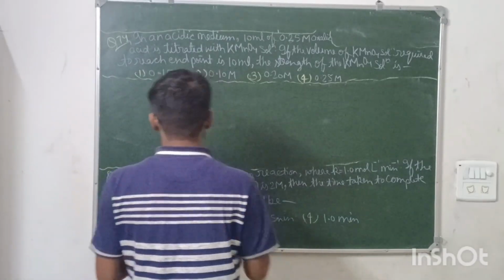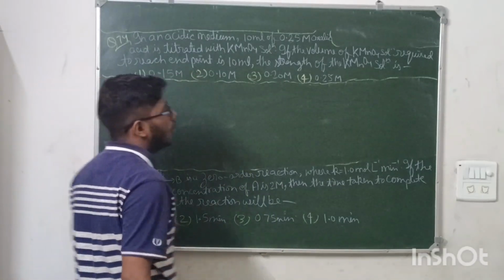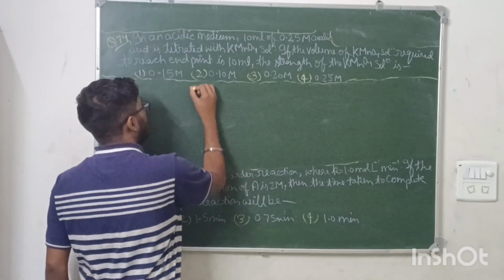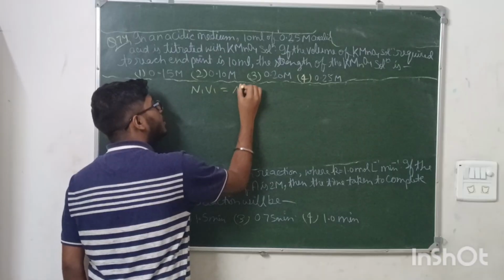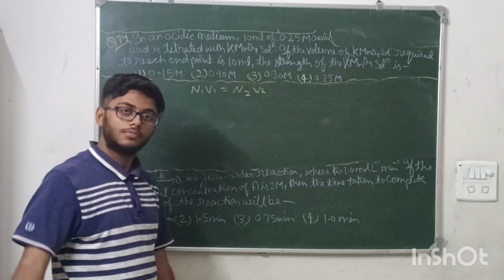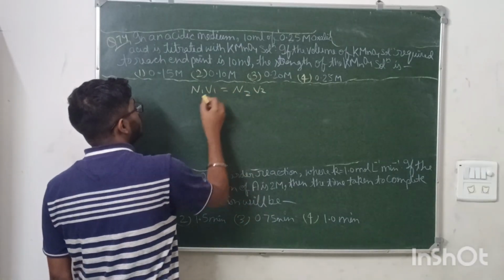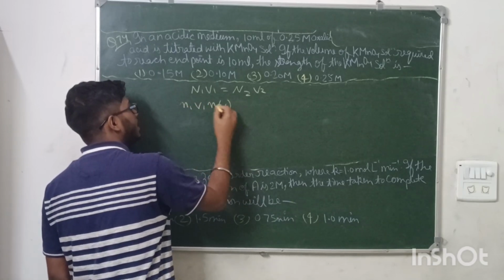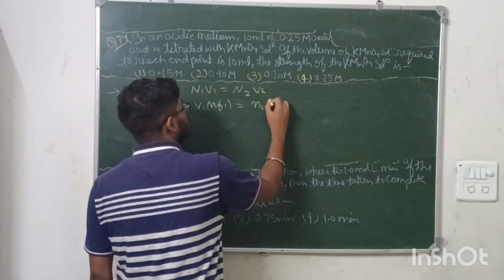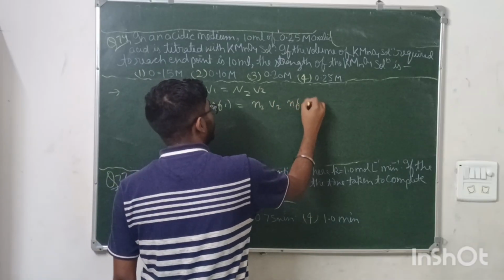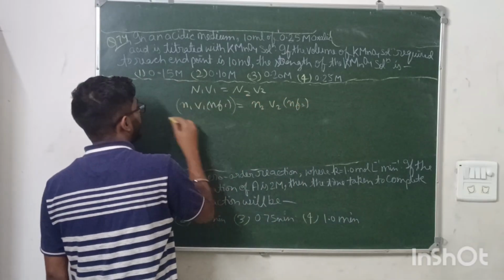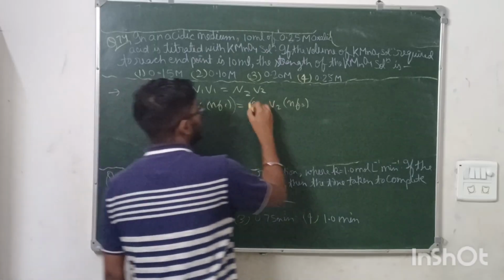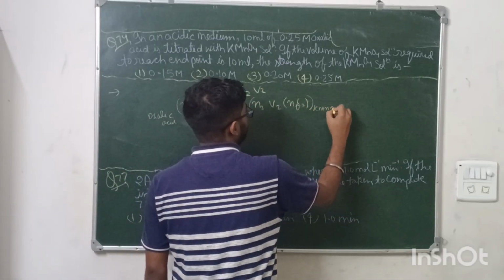In these types of questions, you generally put the gram equivalents equal, meaning N1V1 (N factor 1) will be equal to N2V2 (N factor 2). The first is for oxalic acid and the second is for KMnO4.